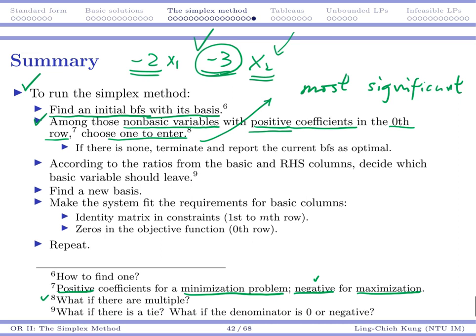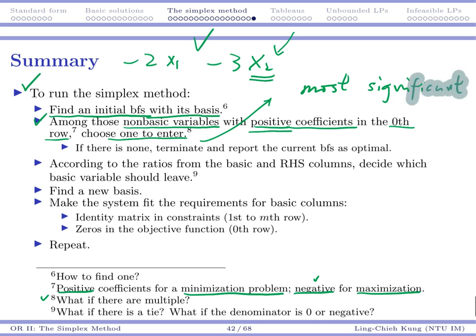If you really need to do that, you need to look at the constraints at least. So there is no way to say that entering x2 is definitely better than increasing x1. Entering x2 is not necessarily better than increasing x1 if you just look at their objective coefficients. So I hope that makes sense.